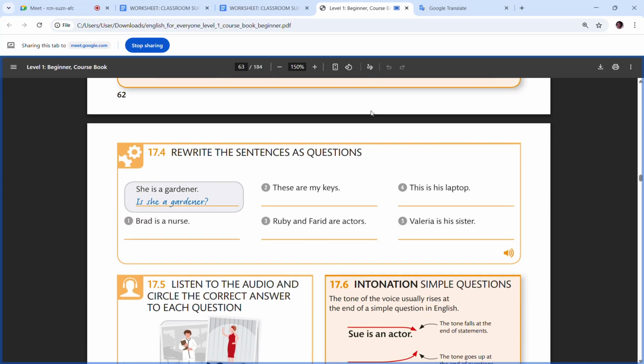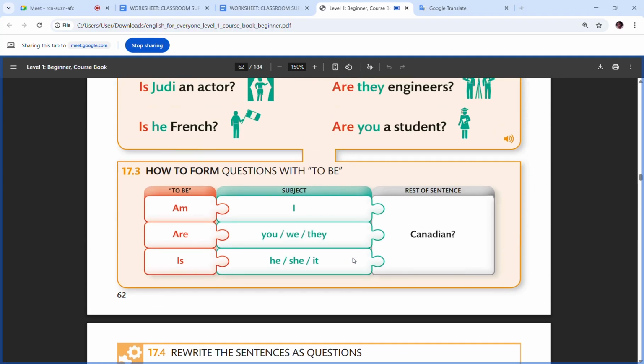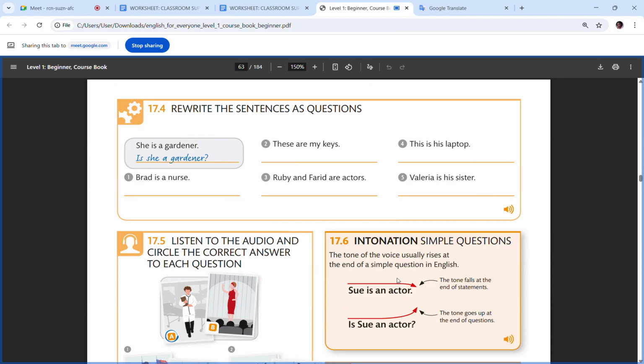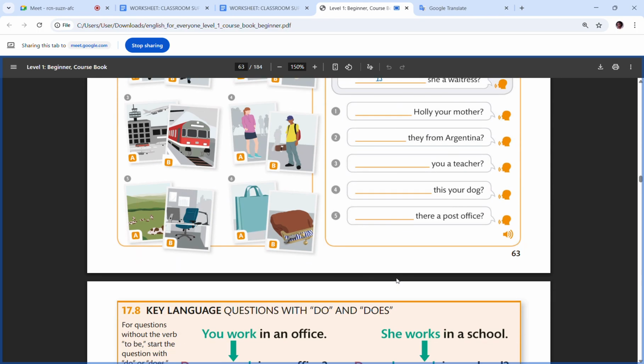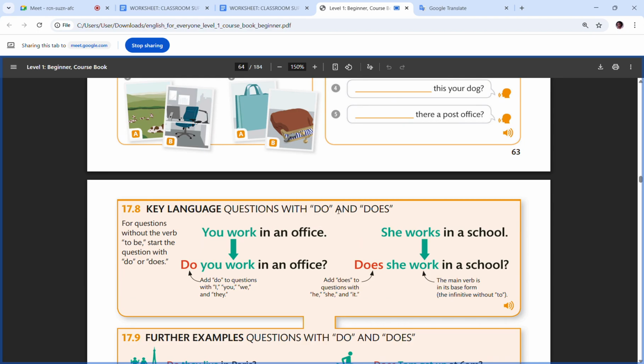So this is with the verb to be, right? So it is am I, are you, we, they, is he, she, it, right? But when you use do and does, okay, you start with, do you work in an office? You begin with do, okay?